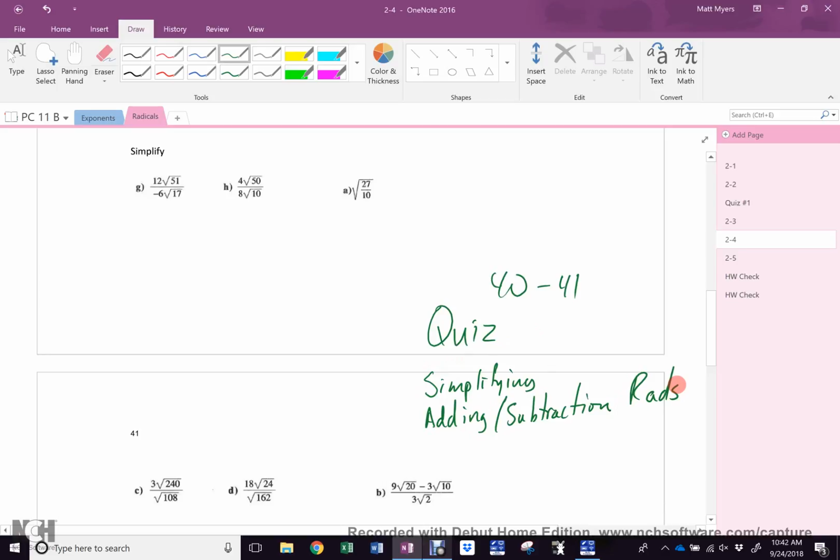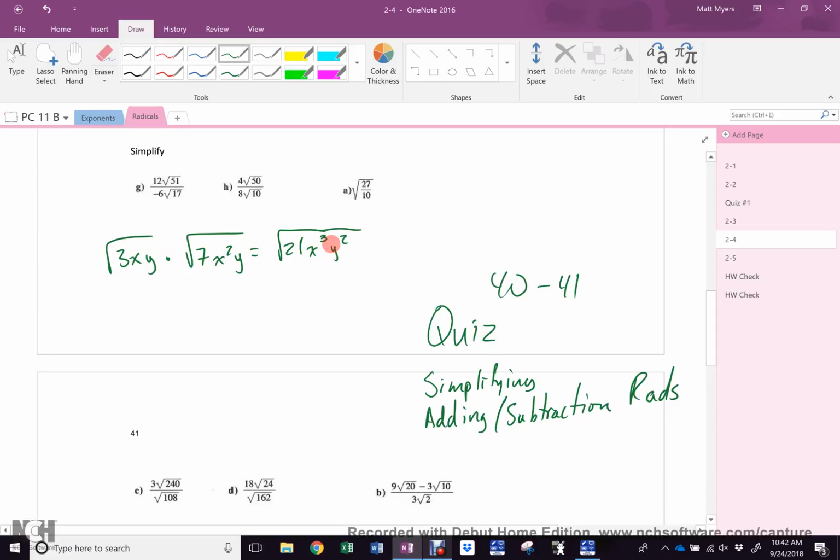I will remind you of this. I did not get to a question like this. Root 3xy times root 7x squared y. What is that answer? 21 x cubed y squared.